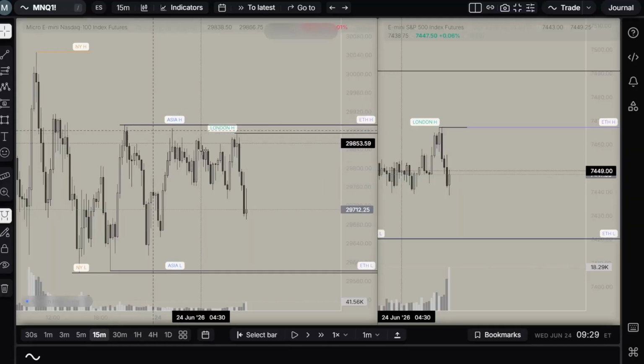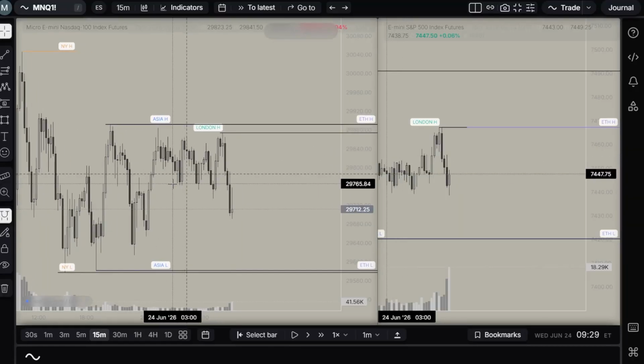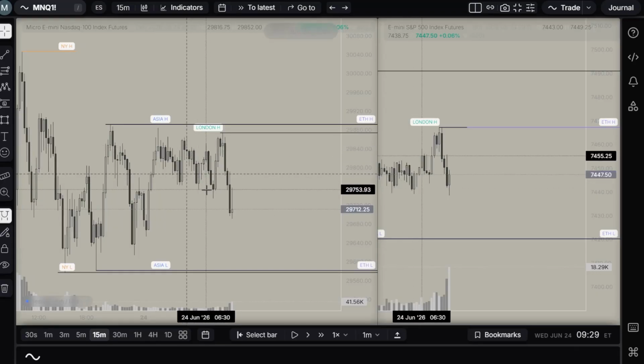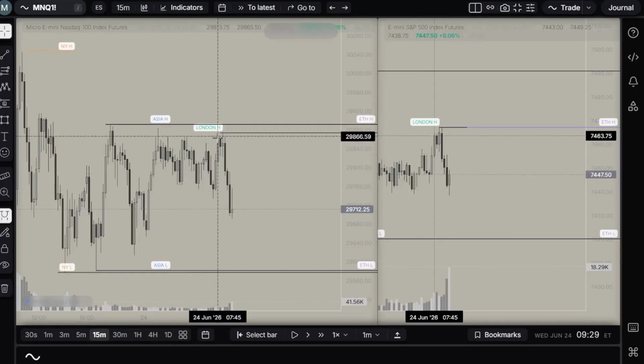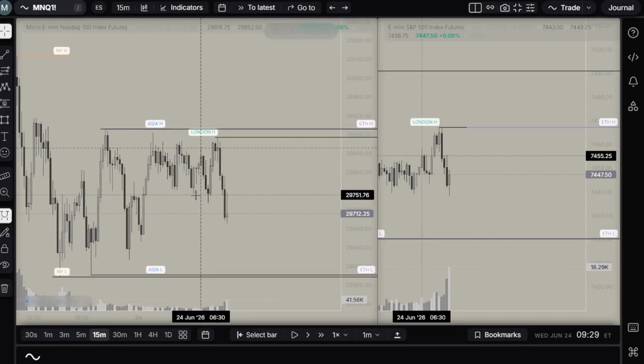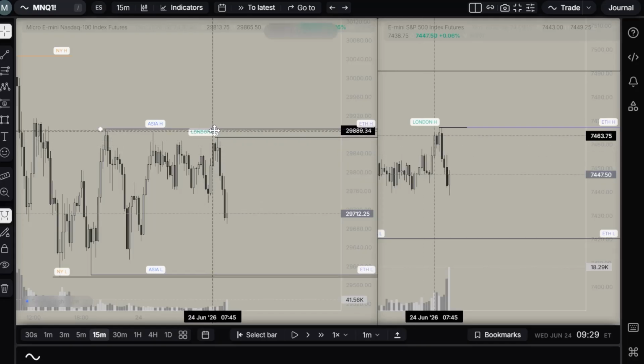Then we fail to sweep out this high, but then we sweep out this low. But then we fail to sweep out this high, then we sweep out this low. Then we sweep out this low, then we sweep out this high. But then this doesn't lead to longs. The longs here failed. So if we sweep out this low and then we sweep out this high and this move doesn't deliver the longs, price action really won't be that good because the longs failed.